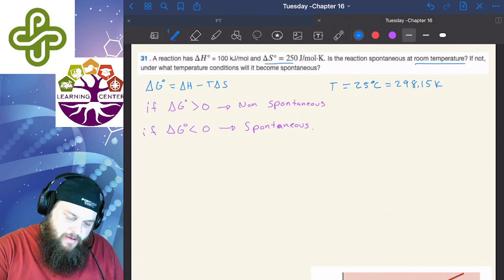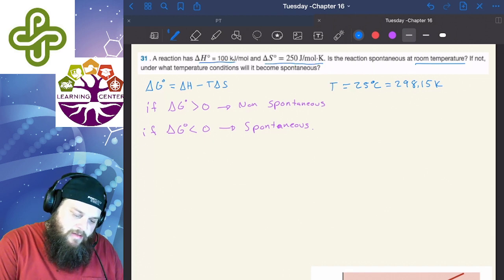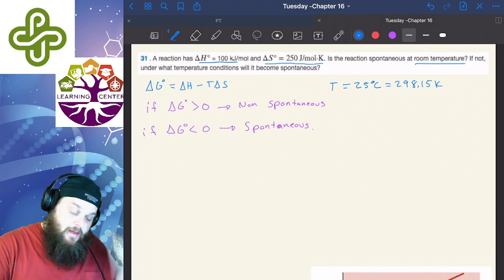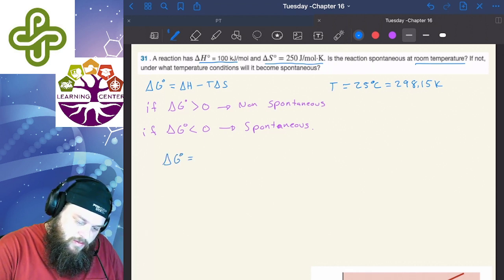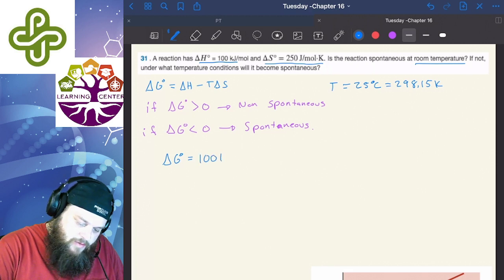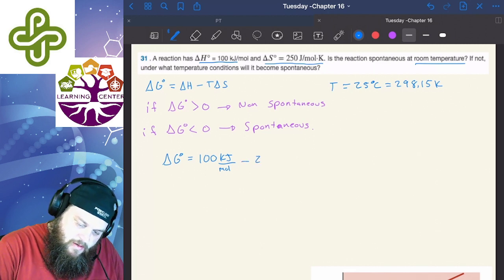And they're telling us what our delta S is here and our delta H is there. So we can plug in and say that delta G is equal to 100 kilojoules per mole minus the temperature, which was 298.15 Kelvin, multiplied by 250 joules per mole Kelvin.